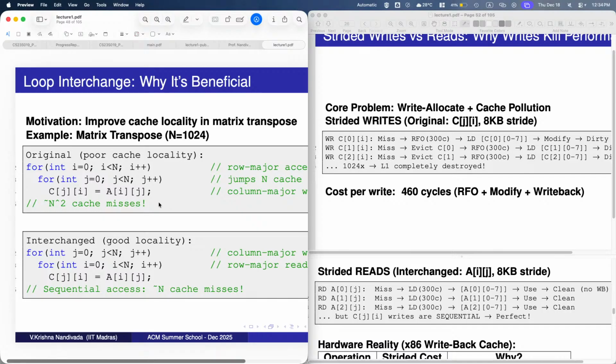Here the reads are all consecutive. Here the writes are consecutive. Is that fine? All right. If there are no further questions, we'll continue the discussion.